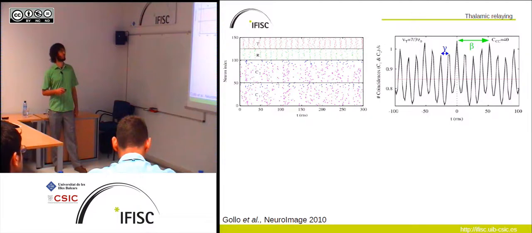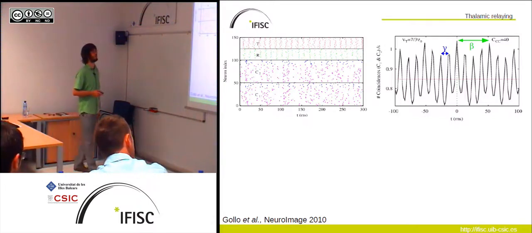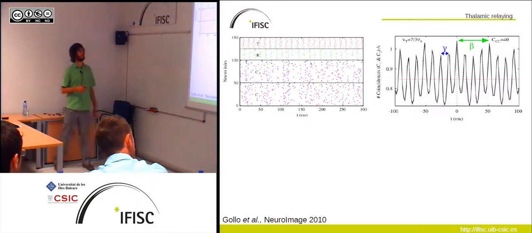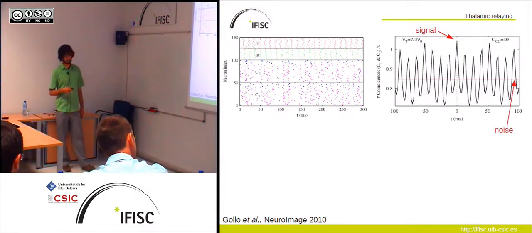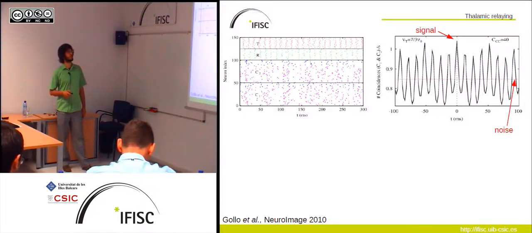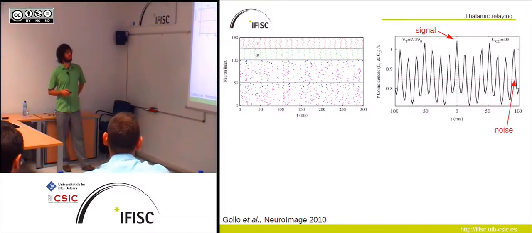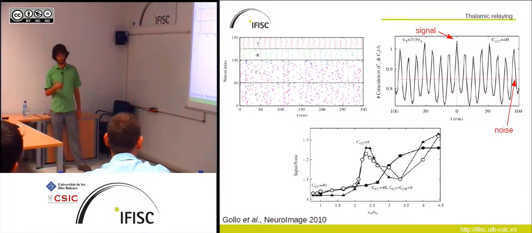So first of all, we see that the two cortical areas show multiple frequencies, one in the beta range, which is a bit slower, and one larger frequency, in the gamma range. And then we consider that the zero-lag synchronization would carry some information, so this would be the signal, and the average amount of coincidence would be the noise, just what is expected by chance.